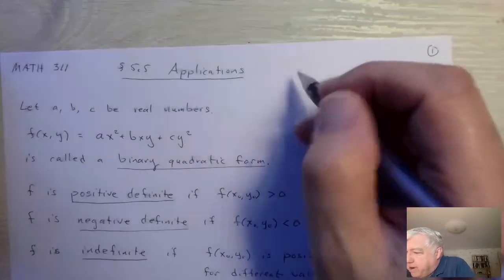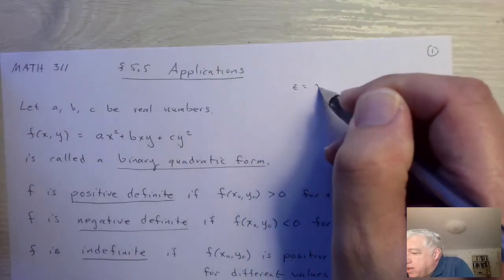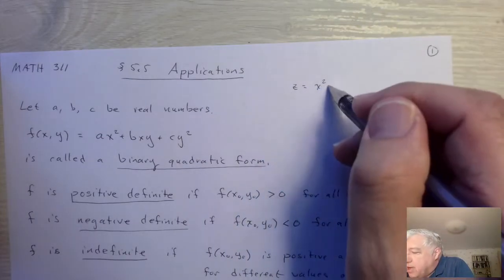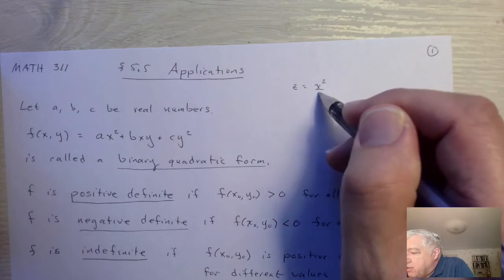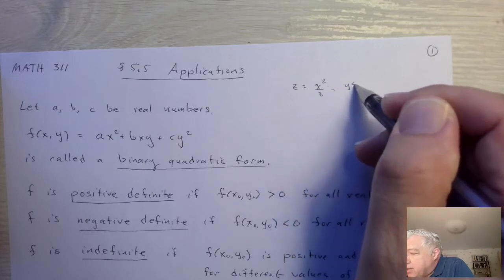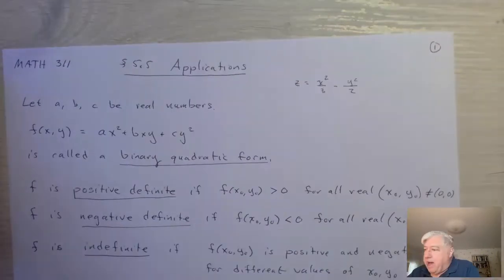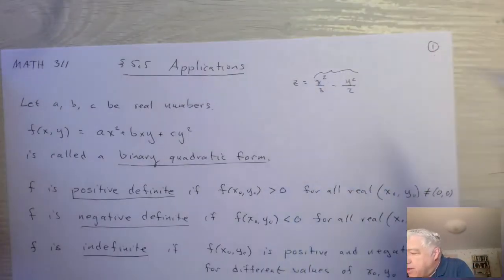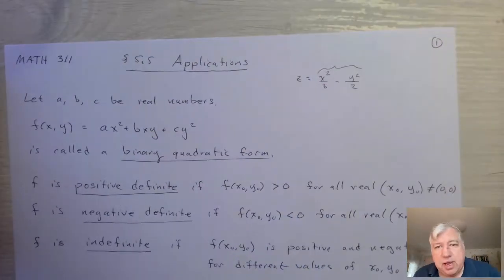You've probably had to graph an equation like z equals x squared over 3 minus y squared over 2 or something like that. And this expression on the left is an example of a binary quadratic form.